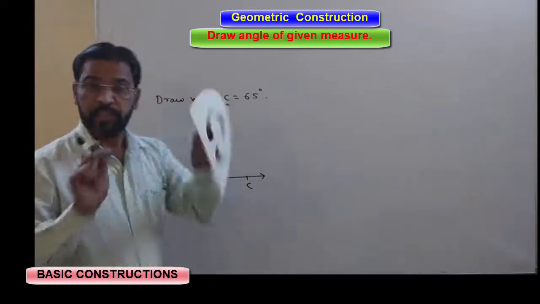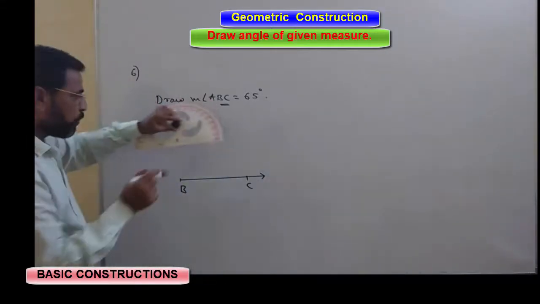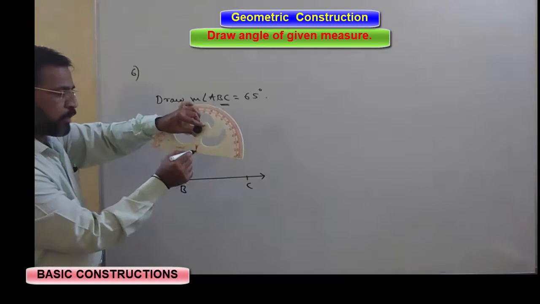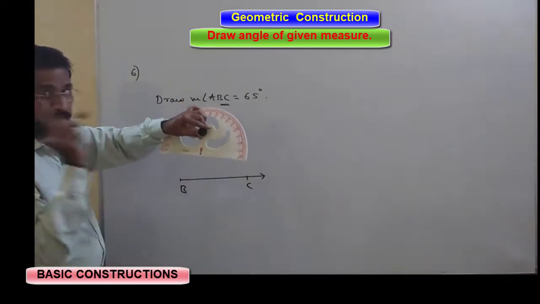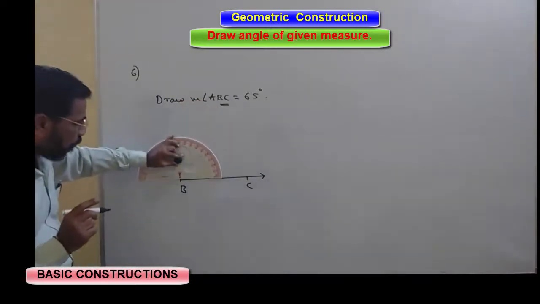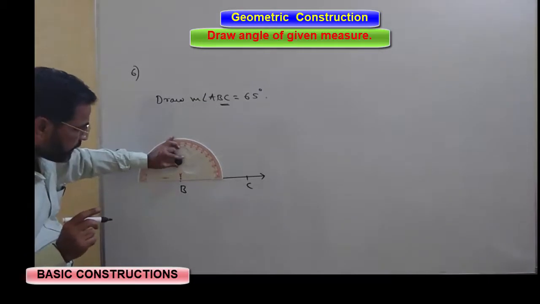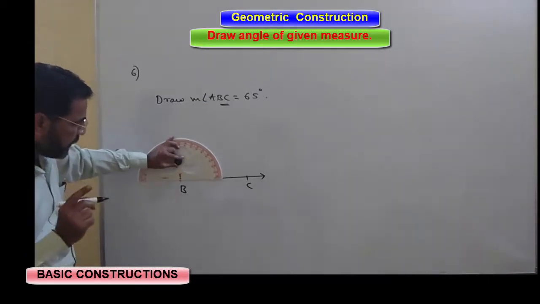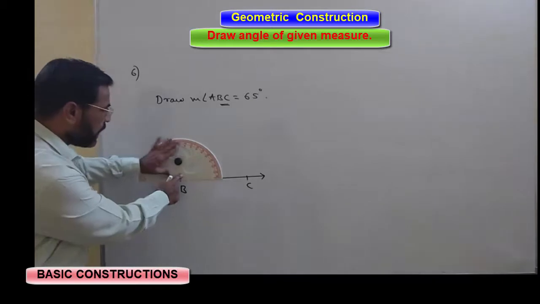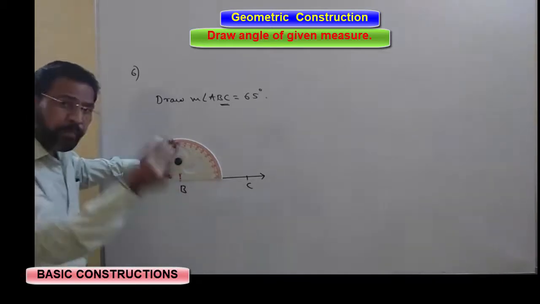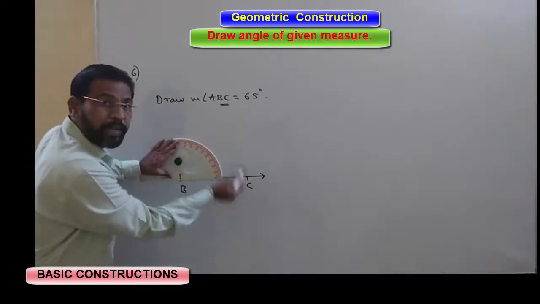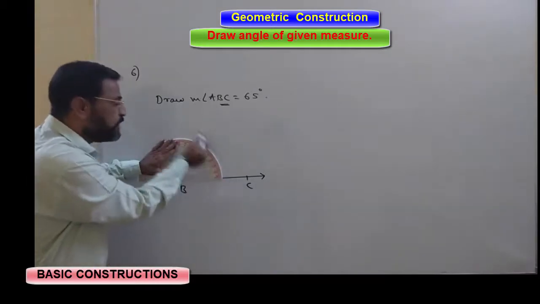Look here friends. This is the protractor, and this is the origin of the protractor. See friends. Okay, that is very important. Now that dot should be on B here. Okay, see here. Now in this way the remaining point is to this side. That means we have to measure the angle from this way.